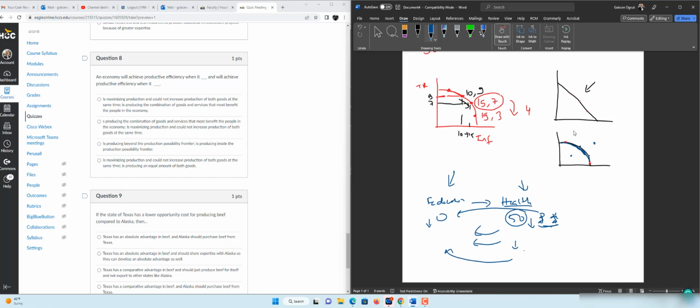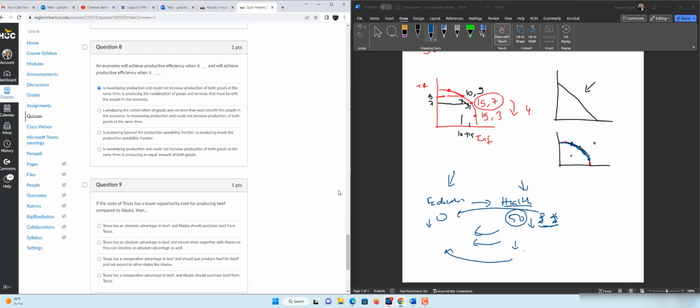Allocative efficient points are productive efficient, but not all productive efficient points are allocative efficient, because maybe this society enjoys this point, so that is allocative efficient, but some other society may enjoy another point. If we assume that the second one is allocative efficiency, then the right answer is: maximizing production and not being able to increase production of both goods at the same time is productive efficiency, and producing the combination of goods and services that most benefit the people in the economy is allocative efficiency.